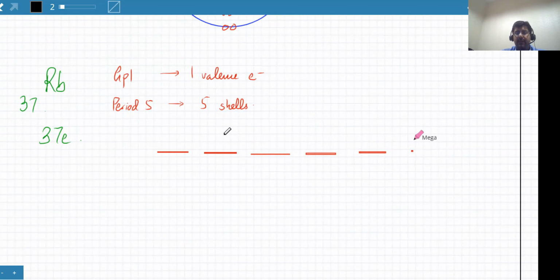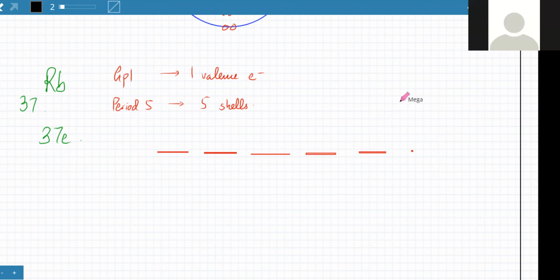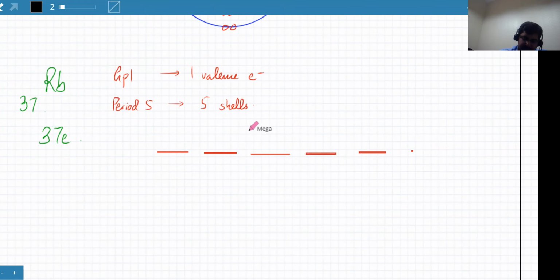What's the first thing? Can you tell me what I write in the last shell? One. Okay, so that means it has one valence electron. So out of 37, if I remove one electron, I'm left with 36.